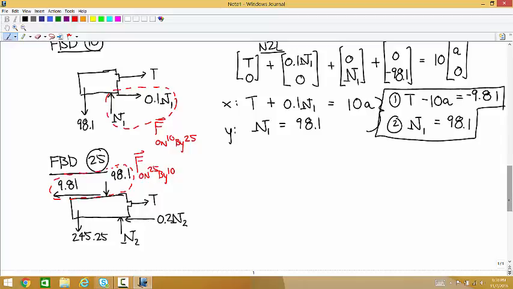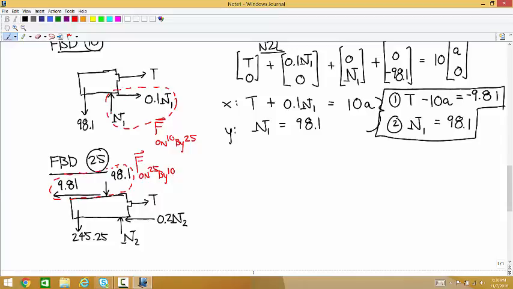Could you just say that again? Yes, the whole thing about Newton's third law. So the force that is applied to the 10 by the 25 is that normal force and that friction force. And so if you want to represent the force on the 25 by the 10, Newton's third law says it's exactly the same magnitude but the opposite direction.